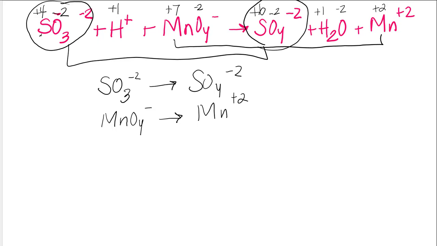What I'm noticing, however, is there's a hydrogen and there's a water molecule, and I didn't write them in the 2 half reactions. We're going to learn very soon when we flip the page that these are tools to help me balance.